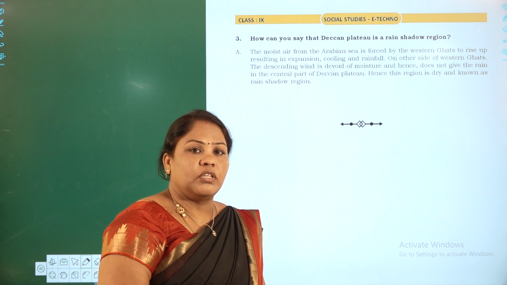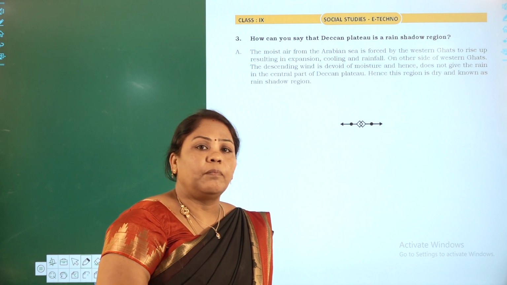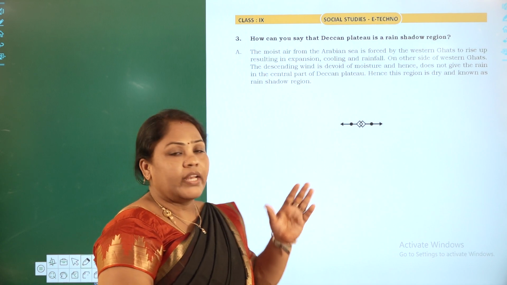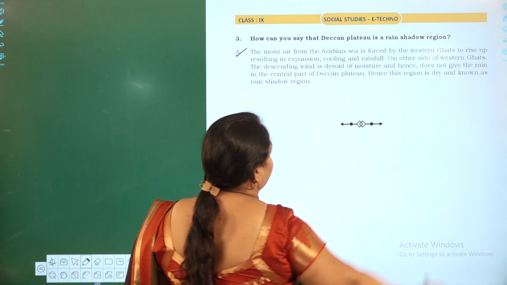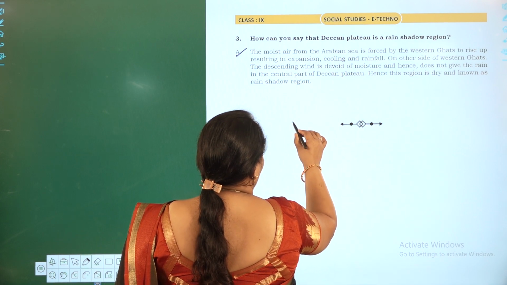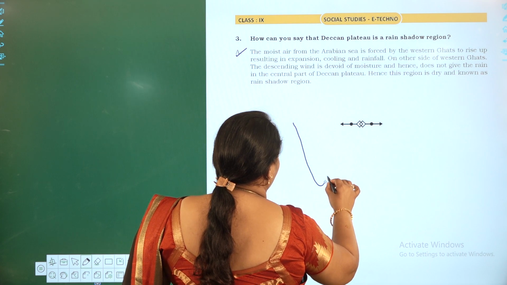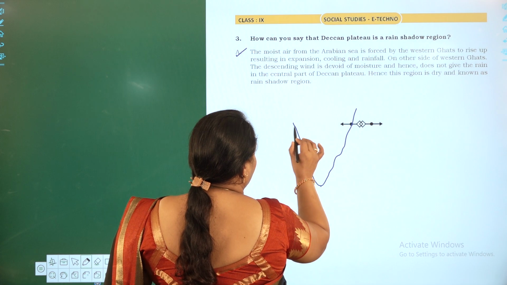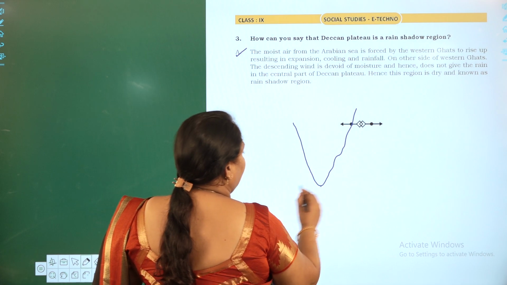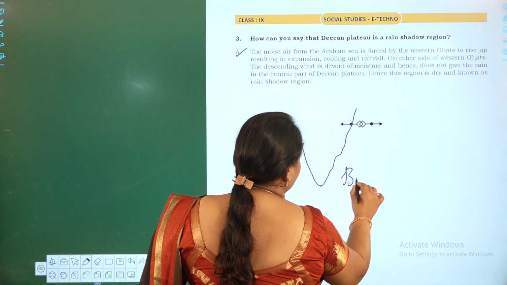Yes. Question is, how can you say that Deccan Plateau region is a rain shadow region? Let us see. The moist air of the Arabian Sea. Like where we could take the example of this, right? Bay of Bengal and Arabian Sea.